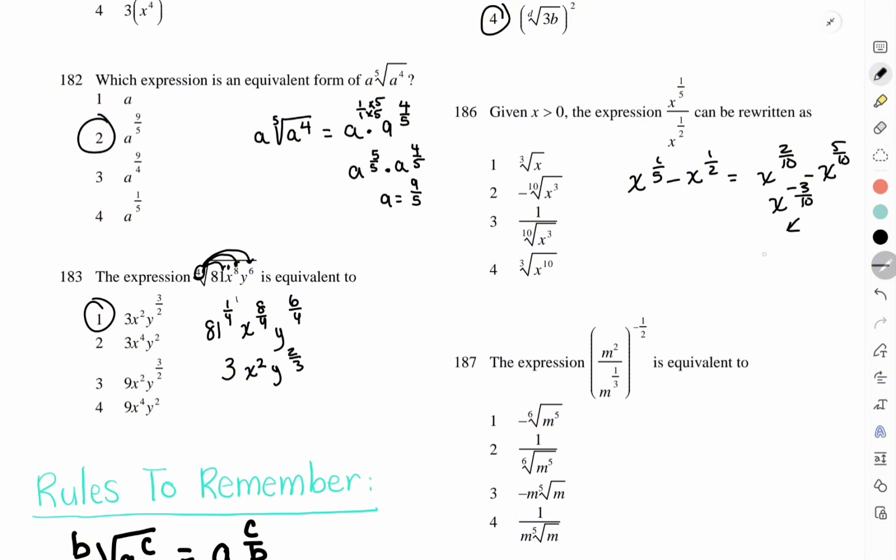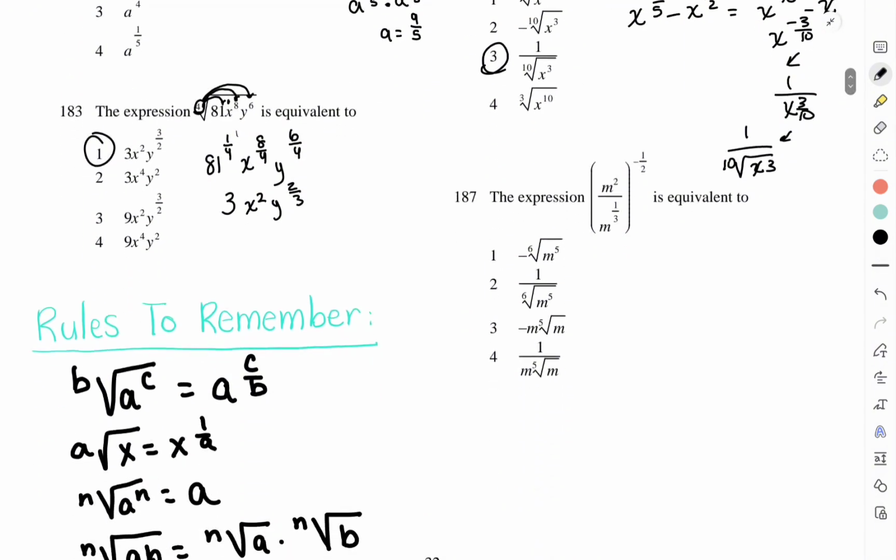We rewrite this as 1 over, because look, it's negative, x to the 3 over 10, and then we have to match it with one of our answer choices. So we write it as 1 over the 10th root of x to the 3rd, matching answer choice number 3. And see how answer choice 2 tries to trick you, but you have to make the exponent represent that negative before changing it to a root.